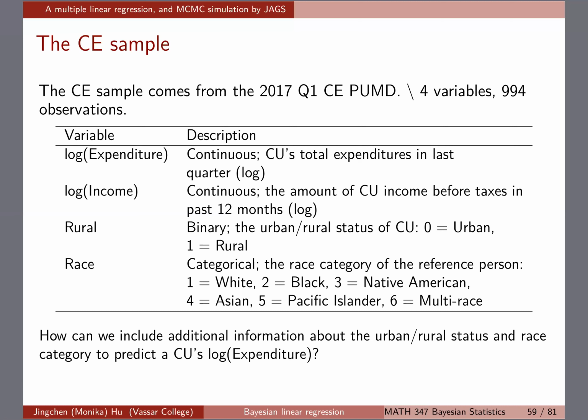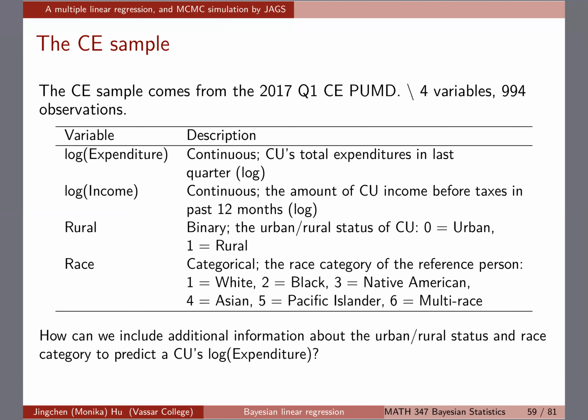So the question is, how can we include additional information about the rural or urban status, as well as the race category, to predict the consumer unit's log expenditure? This is what we typically mean by a multiple linear regression: we're trying to use all predictors together to make a better prediction about the log expenditure, which is the outcome.